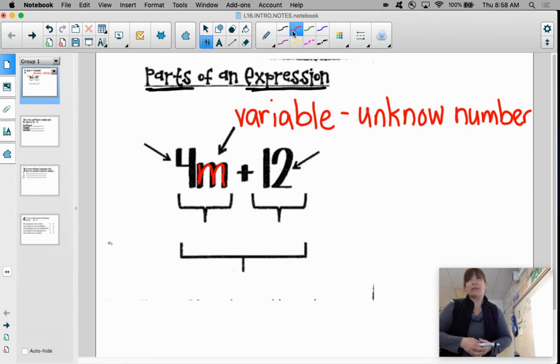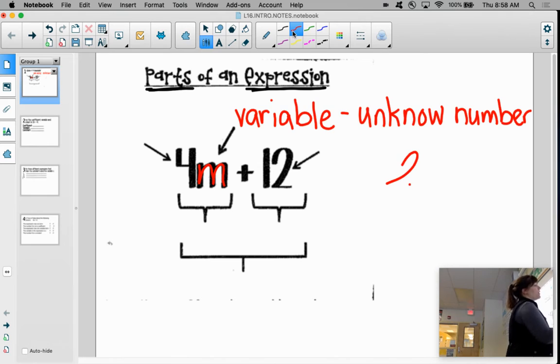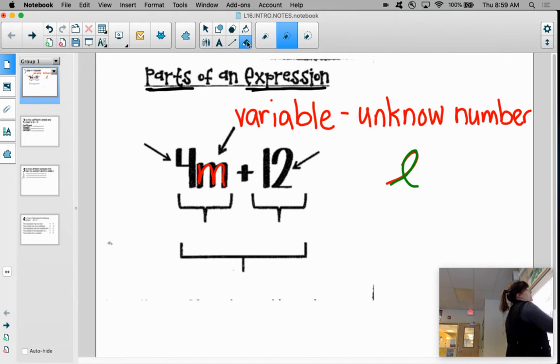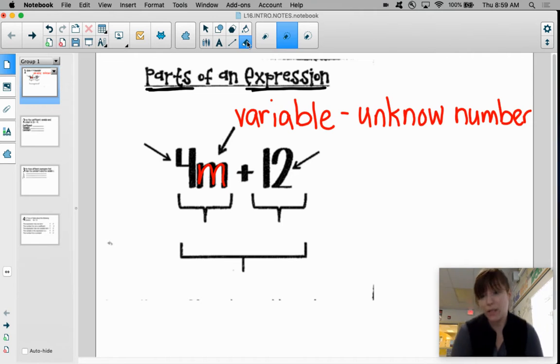If it is an l, it'll be a cursive l. Otherwise, they're always lowercase letters unless it is a formula, then you might see a capital A for area. All it means is that we don't know what that number is yet, so we're just going to call it a letter. Now you see the number next to the variable is 4.